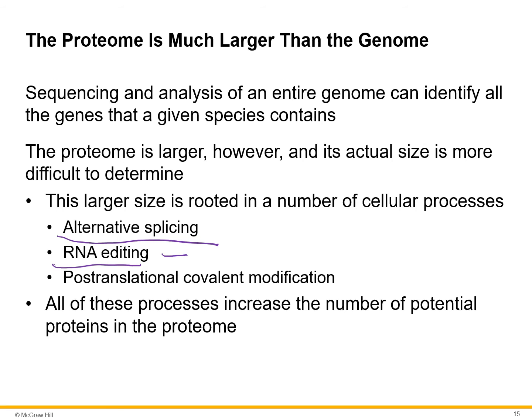RNA editing would be removing different introns from the same gene, and then modification after the protein is made, where you can get the same protein being modified differently to have different functions. And so that's why your proteome is much larger than your genome.